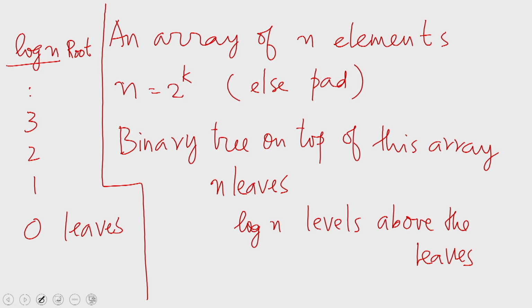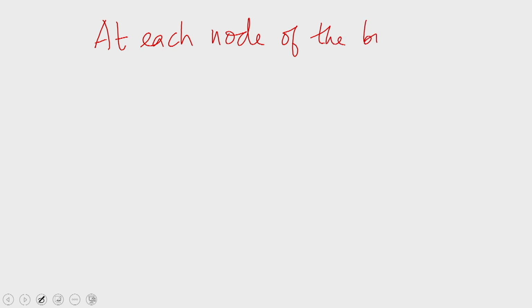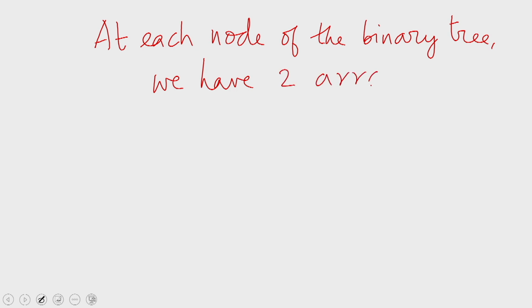And then in this binary tree, we add some extra data structures. At each node of the binary tree, we have two arrays. One array is called a cache and the other array is called a sample.